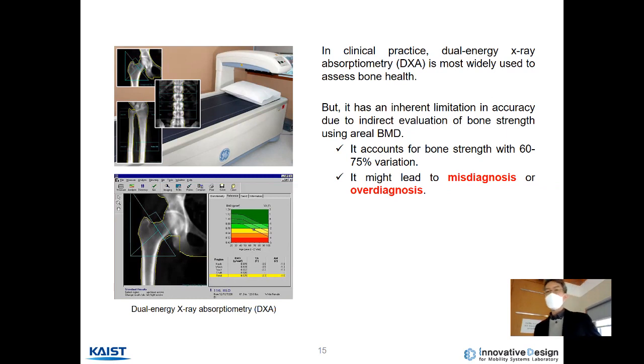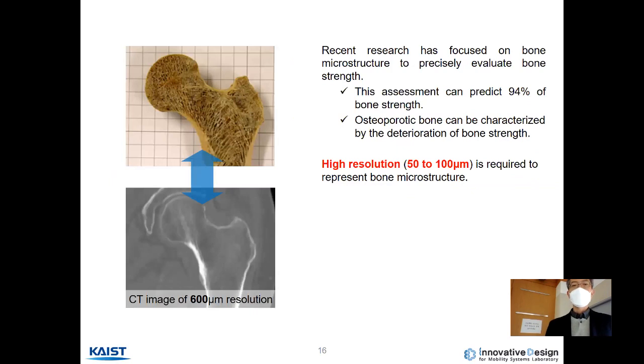Using this information, we can judge whether the bone is healthy or not. But unfortunately, because we only use the area average bone mineral density, it can account for bone strength with only 60 to 75% variation. So it can cause misdiagnosis or overdiagnosis.